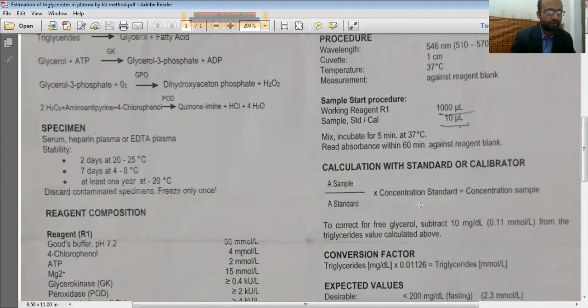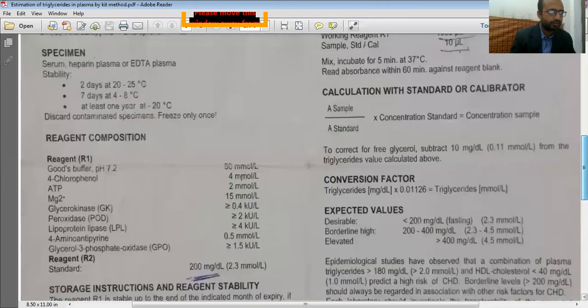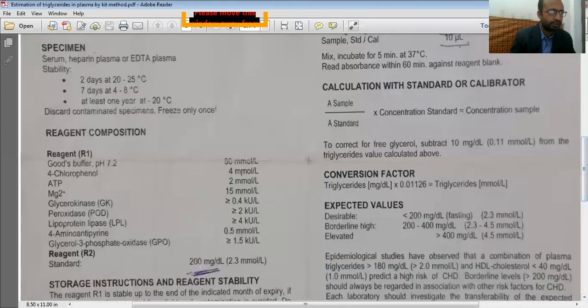Now you have this formula. In this formula, put the value of absorbance of sample here and absorbance of standard here, and multiply it with the concentration of standard. Where is the concentration of standard? That is here, 200 milligram. Let's say you have absorbance of sample as 0.05 and absorbance of standard 0.04.